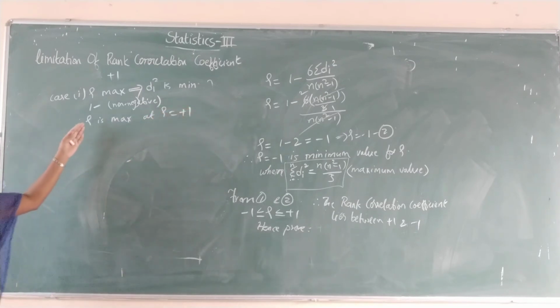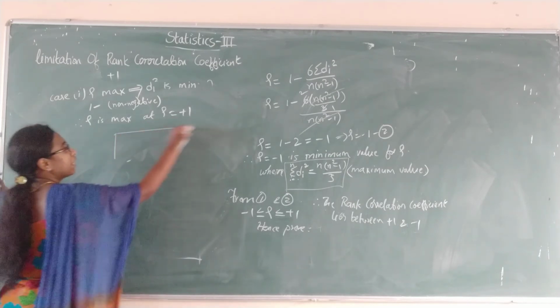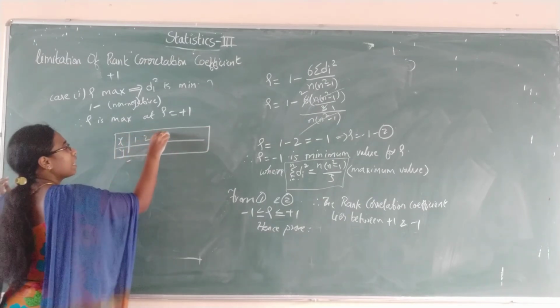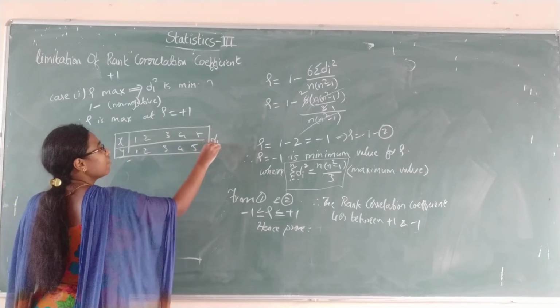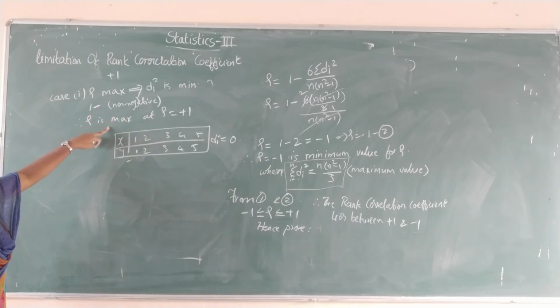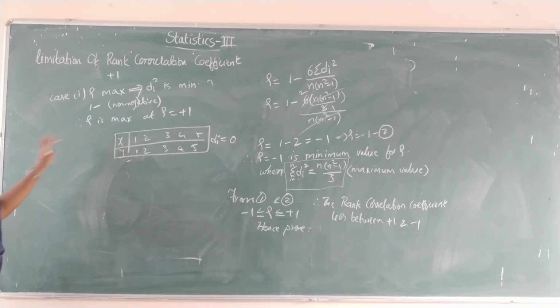So here we are getting rho maximum at rho equals plus 1. How are we getting this condition? By using the same ranks concept, that is x and y are having the same ranks. If x and y are having the same ranks, then di equals 0. If di equals 0, then you will get rho equals maximum. So this is the first case.